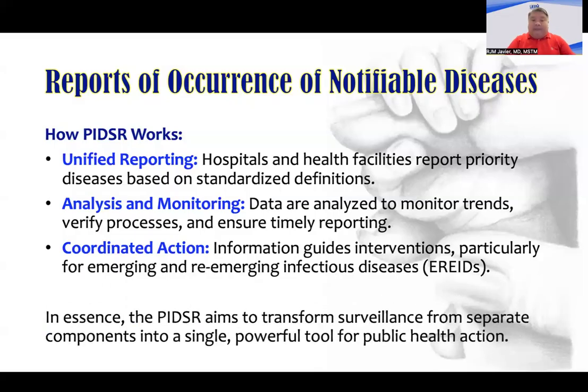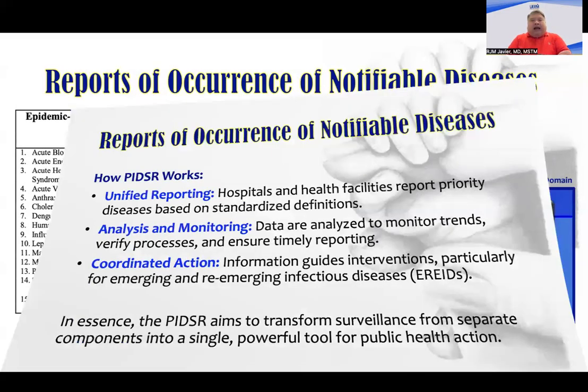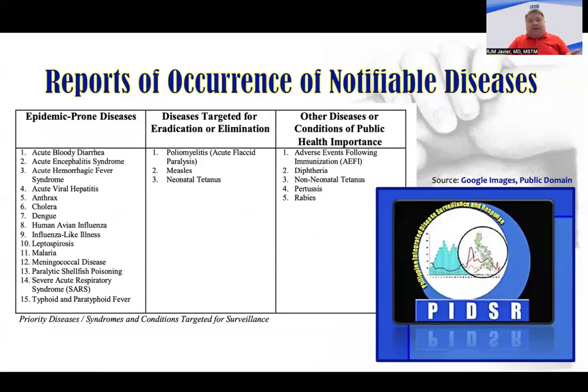So in essence, the PIDS-R aims to transform surveillance from separate components, let's say working in silos, into a single powerful tool for public health action. Now, based on the PIDS-R, they have identified what we refer to as your epidemic prone diseases, your diseases targeted for eradication or elimination, and other diseases or conditions which are of public health importance.